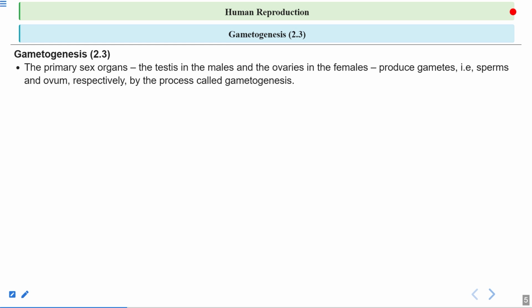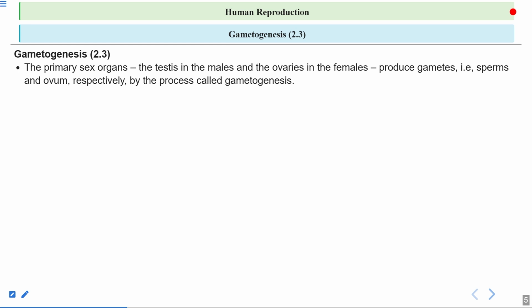The temperature in the scrotum is around 2 to 2.5 degrees Celsius less than the normal body temperature, and this temperature is necessary for spermatogenesis. The testes, being the primary sex organ, produce sperms, the male gametes.